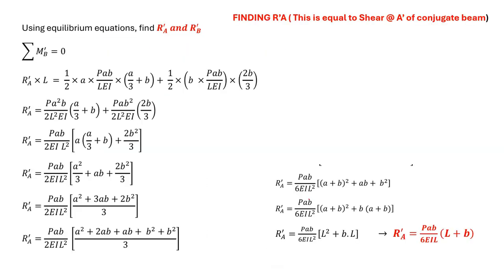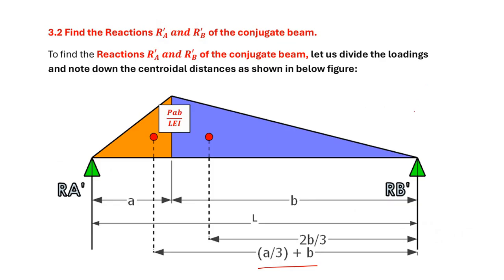Then proceeding further, I will find out the reactions RA dash and RB dash for the conjugate beam. So you take moment about the point B dash equal to 0.